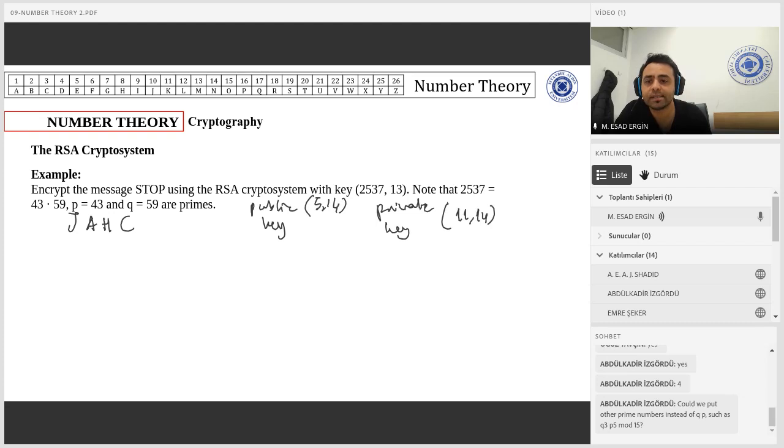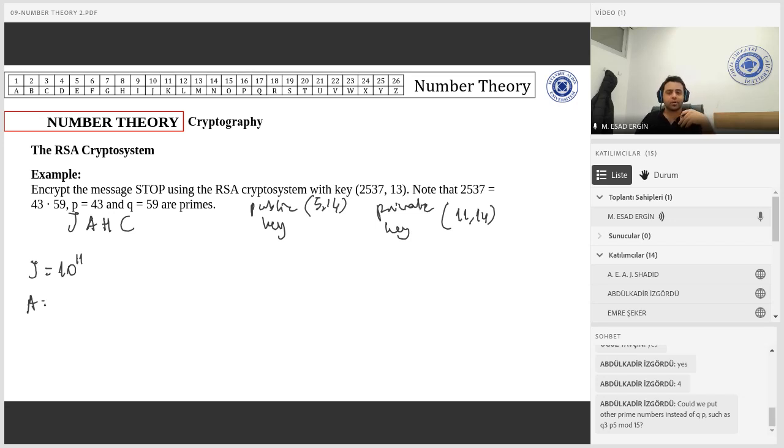So the J equals 10 power of 11, and A, it is 1. And if you take the A as only 1, you cannot change A. Yes, of course we can take it as 3 and 5 also, but the encrypted or decrypted message will be changed. So you have to just try to do it by yourself.